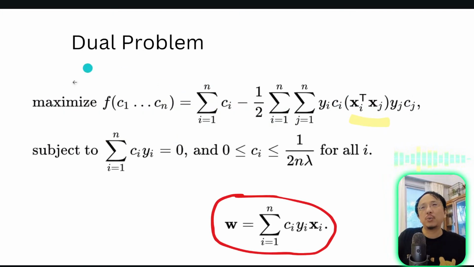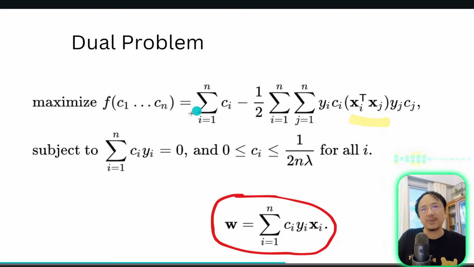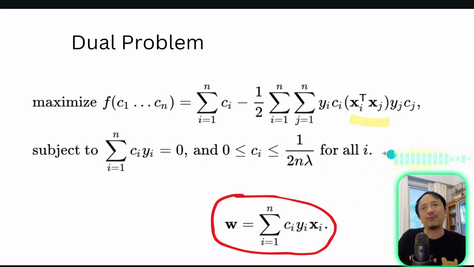Okay, we'll still go to the original dual problem here. This is the original dual problem. We want to maximize this subject to this constraint. The constraint does not involve the mapping, because we are mapping the features only. So the constraint only involves c_i and y_i. It doesn't involve x. So we don't need to worry about the mapping. They are still the same.